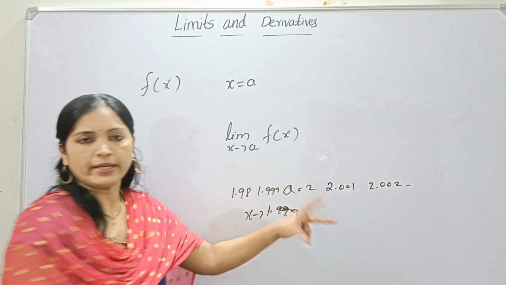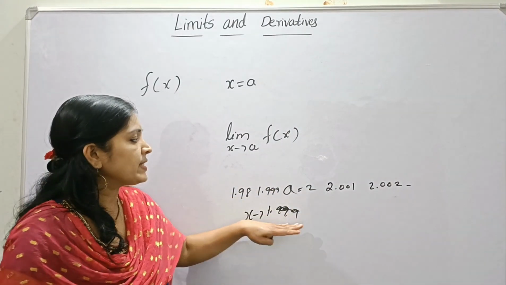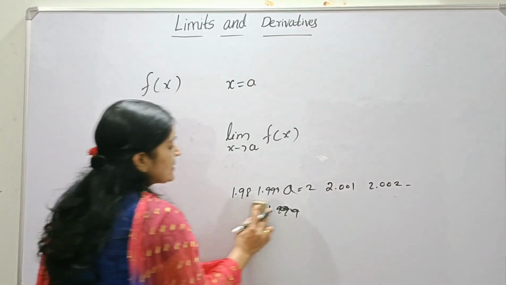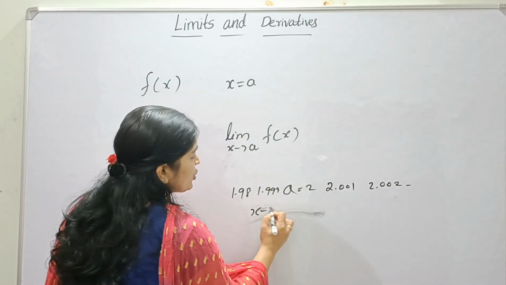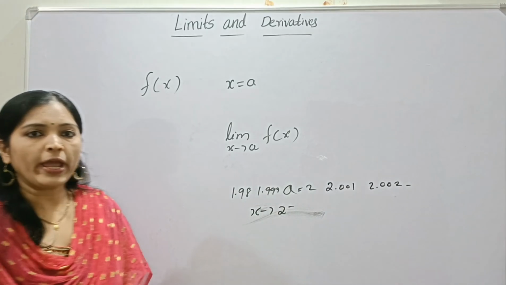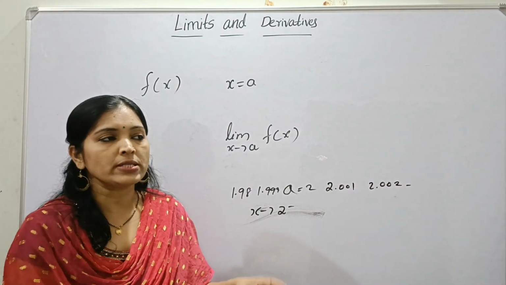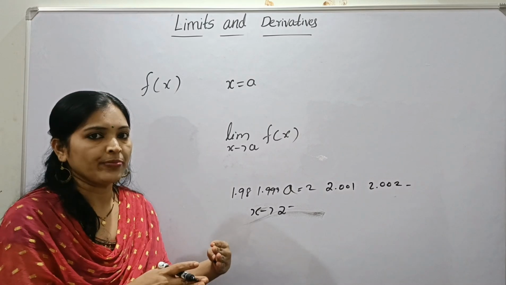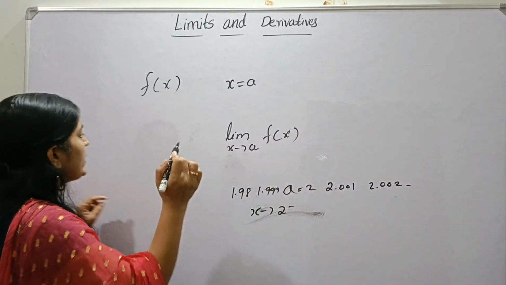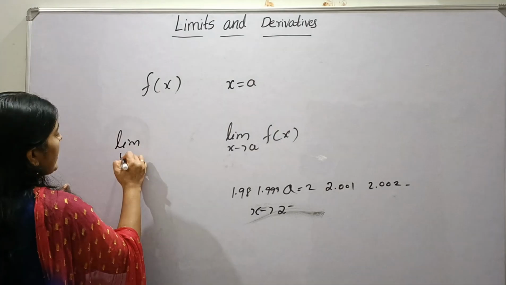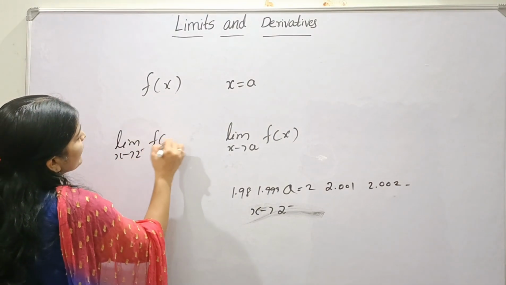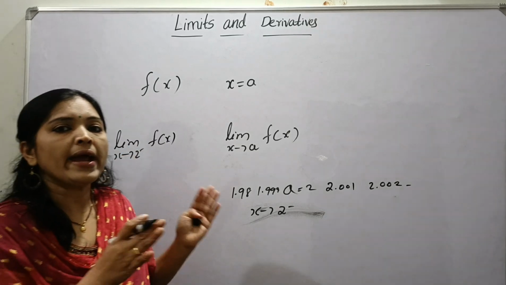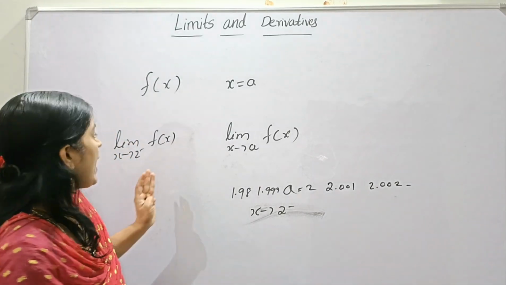Here we say it is the left hand limit. We write it as x tends to 2 minus, because x is approaching from less than a, left of a. So we write limit x tends to 2 minus f of x, and this limit is called the left hand limit.